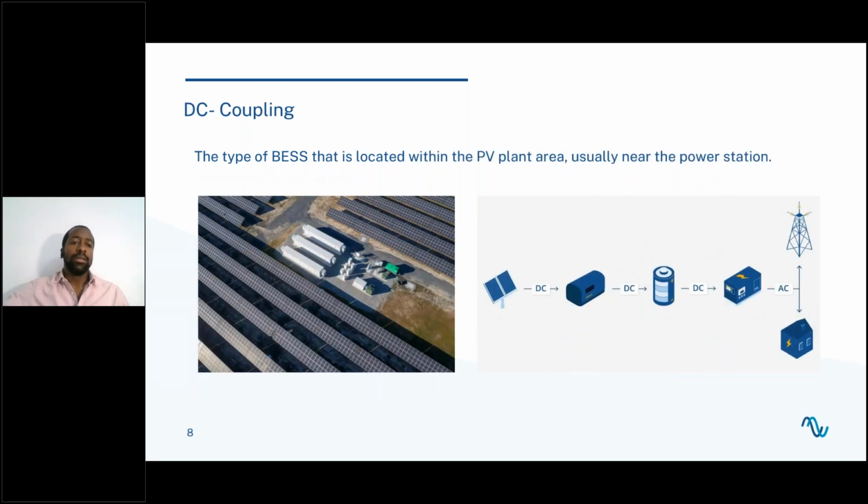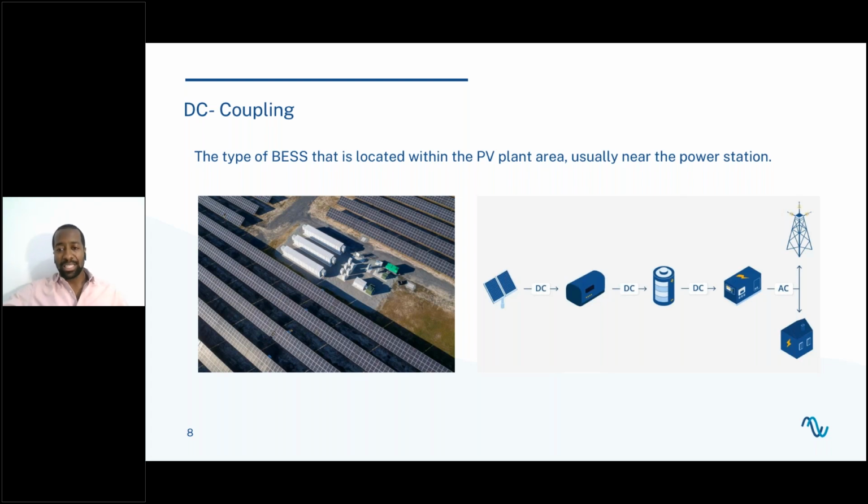The DC coupling is the type of BESS that is located within the PV plant area and usually near the power station. Again, the same principle, the power being generated from the panels. Let's say that our panels are producing way more power than what the inverter can convert.